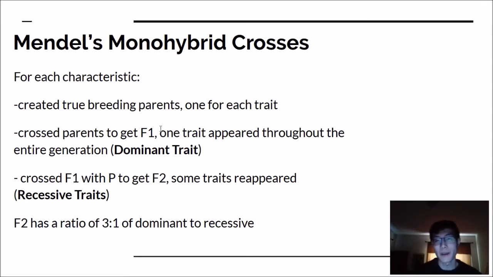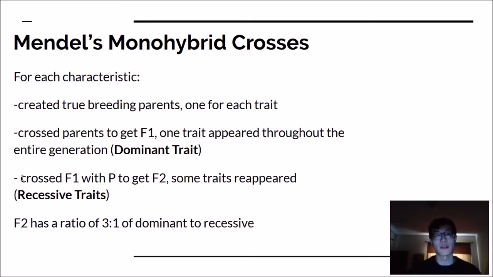Sometimes one trait appeared throughout the entire generation, which is what's known as a dominant trait. In other instances, crosses resulted in traits that had previously disappeared coming back. When he crossed, for instance, the P1 generation to get the F1, they might only show one specific trait.